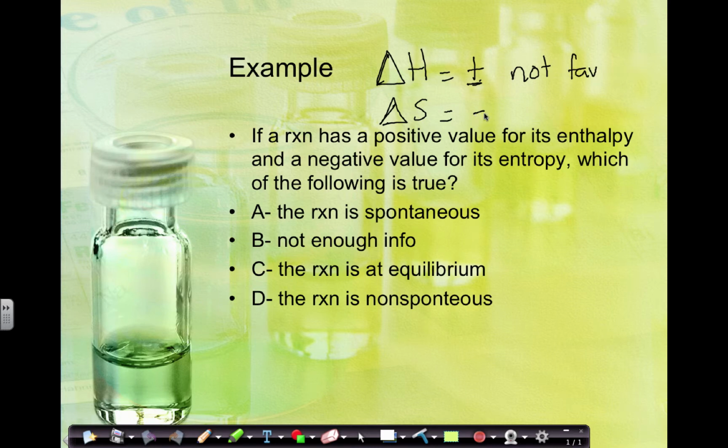And if delta S is negative, then I am creating more order, which is also not favorable. So I've got two components that are not favorable. Delta G will not be spontaneous, so it will be positive. Okay, so with our choices, if delta G is positive, it is non-spontaneous here.